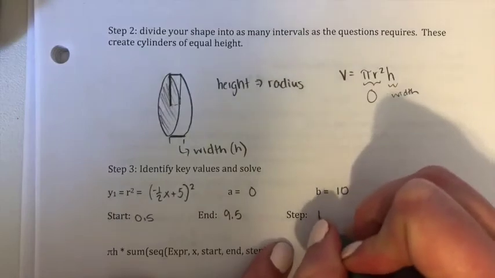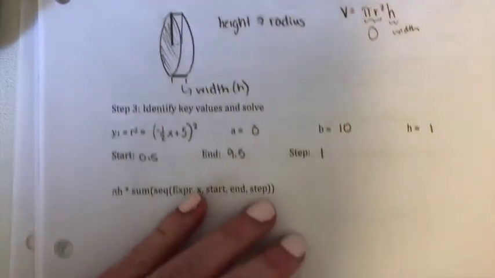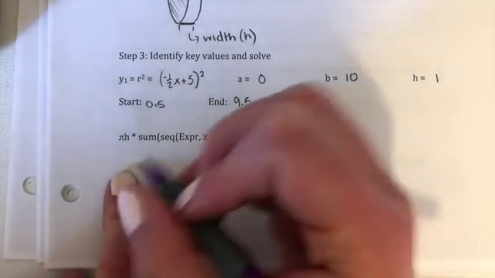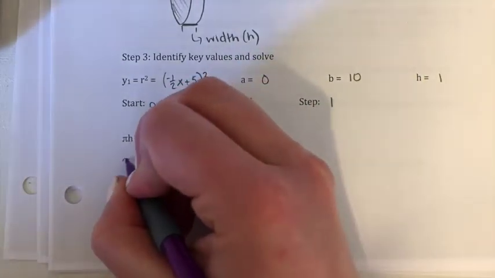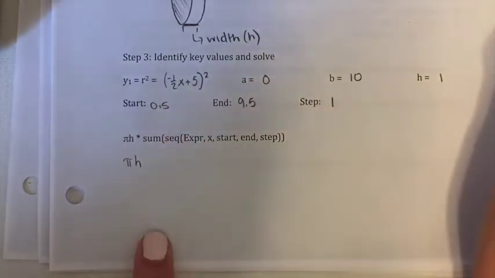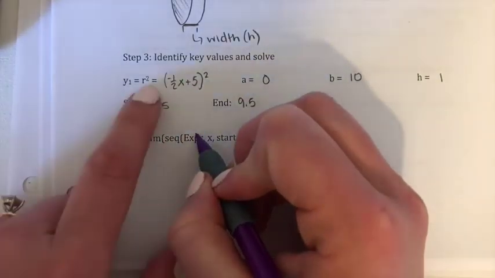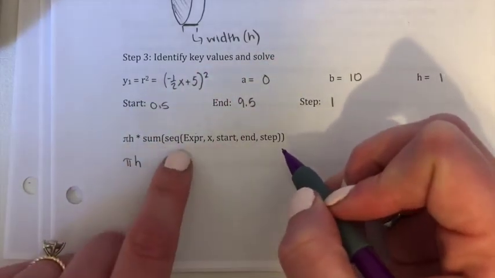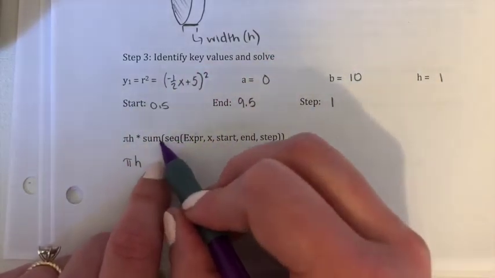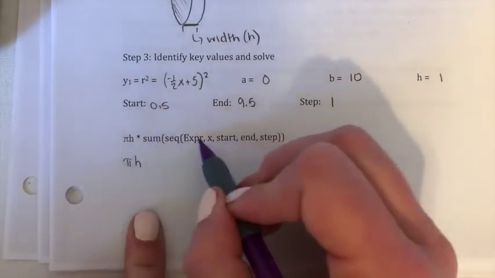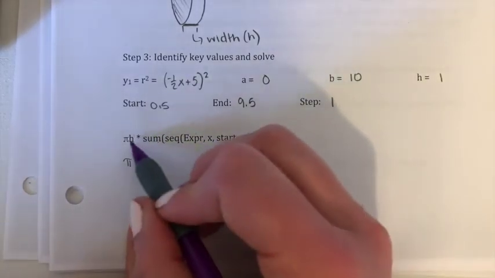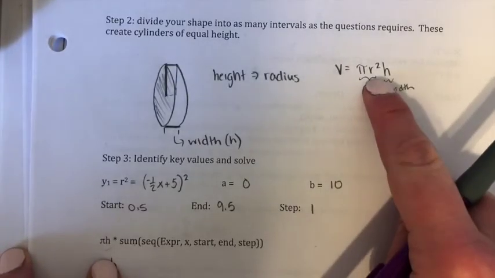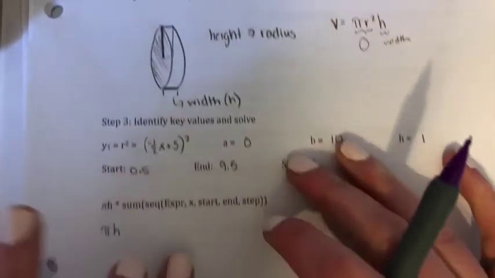Our step is 1, because there's 1 unit between each of the middles. So this is going to be pi times h, and our expression is r squared. We're summing the radius squared, and then multiplying by the pi h, so we've got the sum of all the radius squares multiplied by the rest of the function.